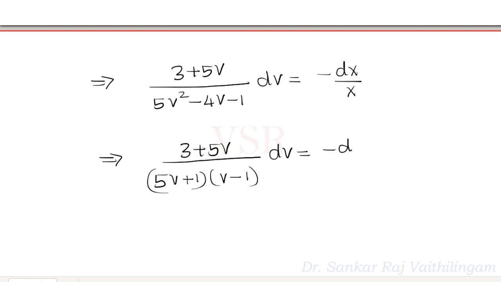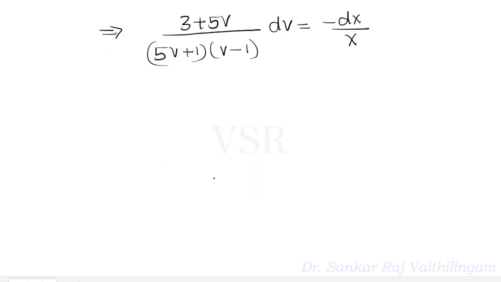Now we need to go for partial fractions. So we get a divided by 5v plus 1, plus b divided by v minus 1, which is equal to 3 plus 5v divided by 5v plus 1 into v minus 1.